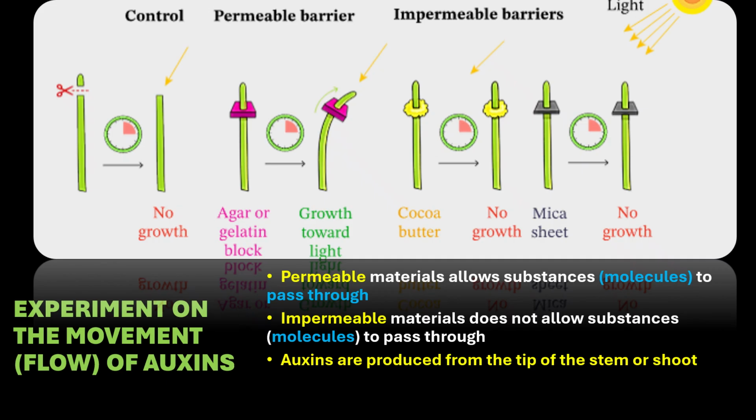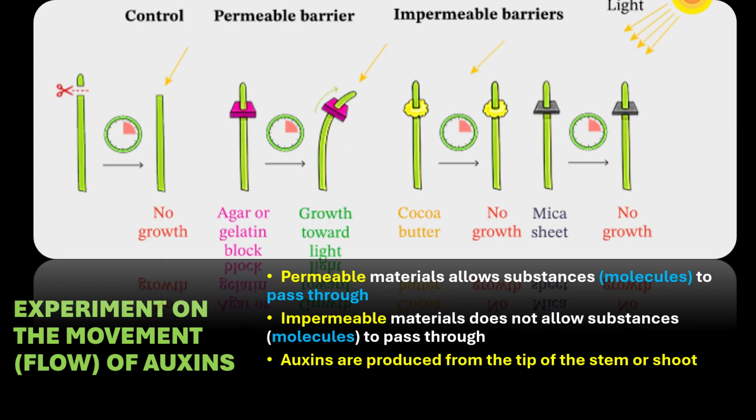Over here, they did cut the tip, but then they placed a material on top of the exposed surface, and then they placed the tip on top, like you are seeing here. This material is said to be permeable. Permeable means it will allow substances to pass through. So the auxins are produced here, and the auxins are able to penetrate through the permeable barrier.